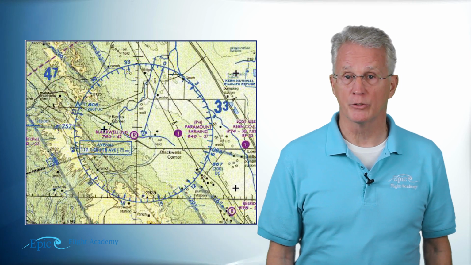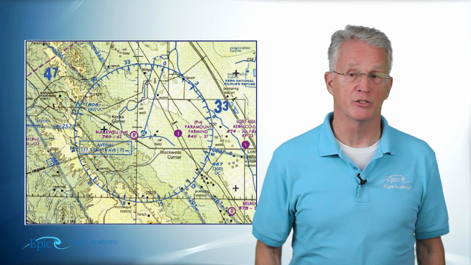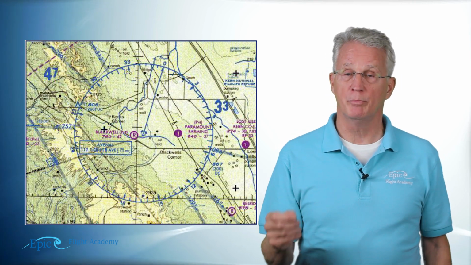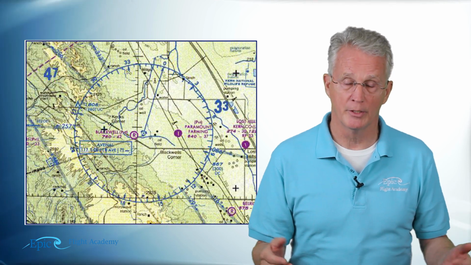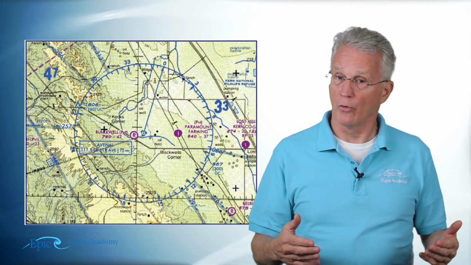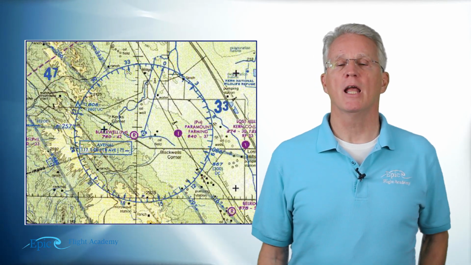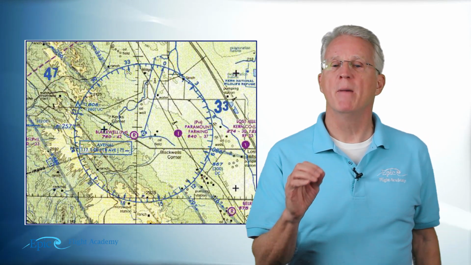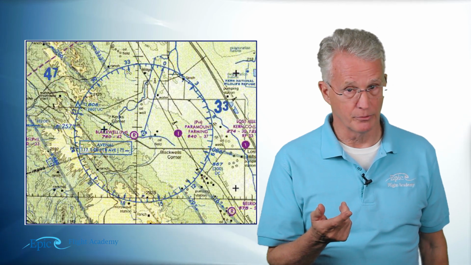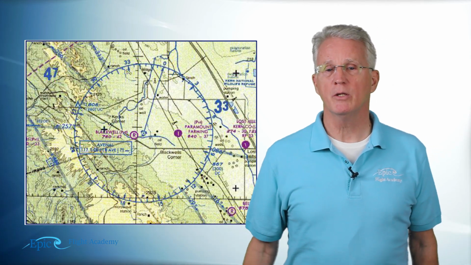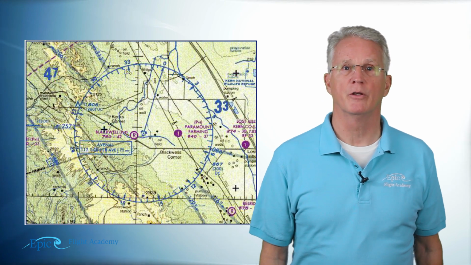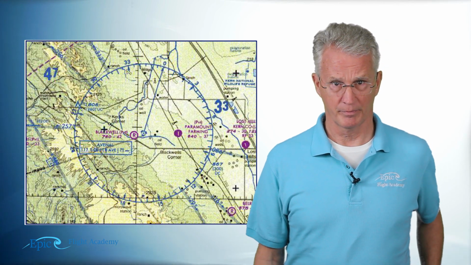The MEF figures are shown in hundreds of feet, so 33 would be 3,300 and 47 would be 4,700. MEFs are MSL altitudes, so they can be read right off of your altimeter.